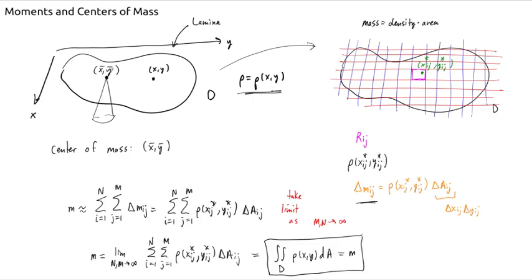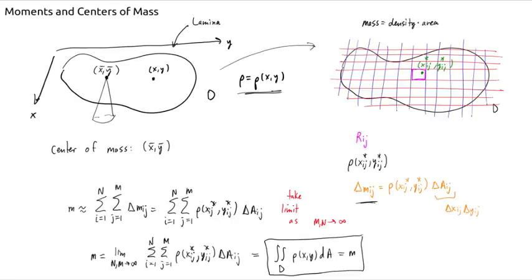What we want to do now is find the center of mass. And to do that, we need to find the moments of mass. So the moments, you might remember from Calc 2, are proportional to, so if this is a rectangle with constant density, then M_x is proportional to, so I'll just write this, the distance from the y-axis times rho of x, y.